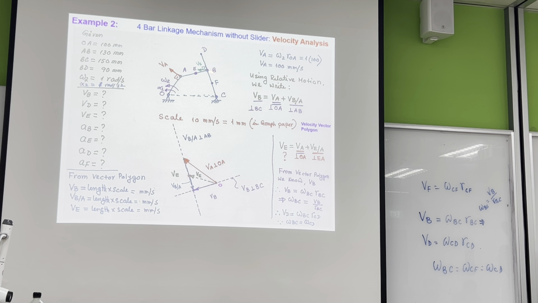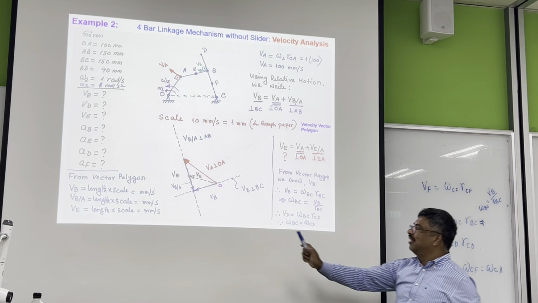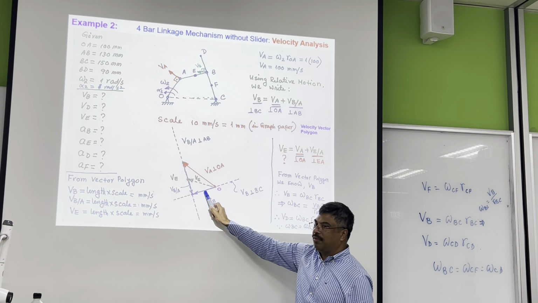From here, BD is approximately one third of BC. So if this length is your VB, you increase another one third in that direction. You see this one is a half.